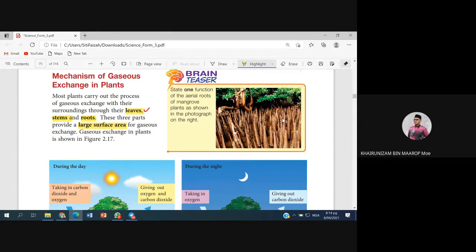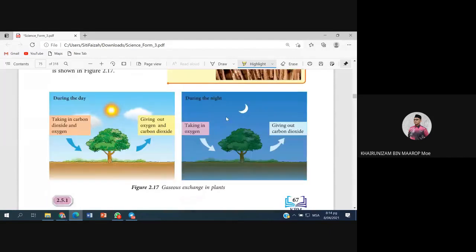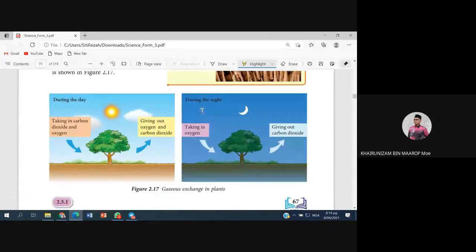Anyone know? No one, no response. So I want you to find out what the function of the aerial roots of mangrove plants is. All right, we continue about this one.